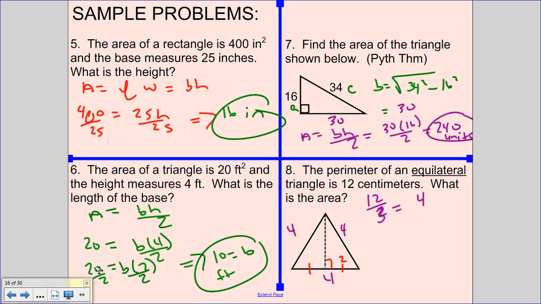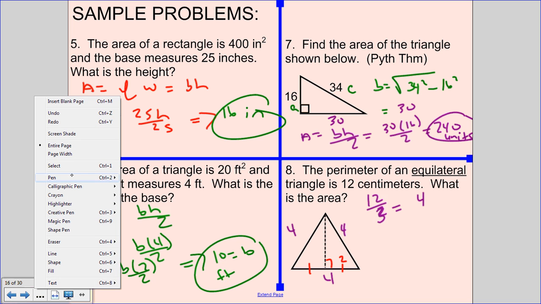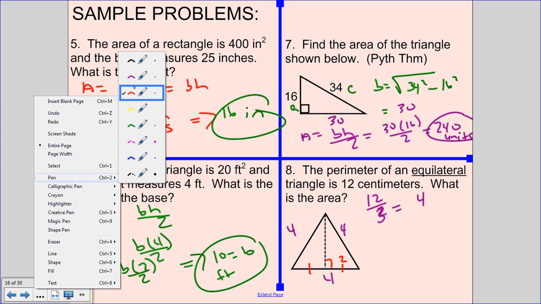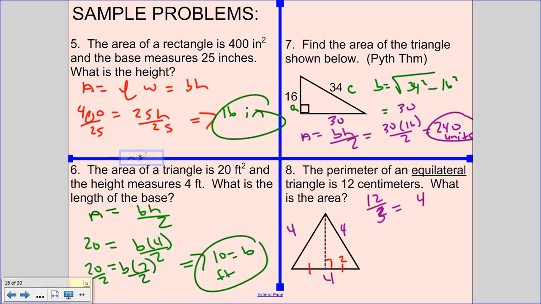Also, an equilateral triangle has the same angles. We talked about that last time. Where this is 60, this is also 60, this is split into 30. So it's a special right triangle, 30, 60, 90. And so the height is across from 60.